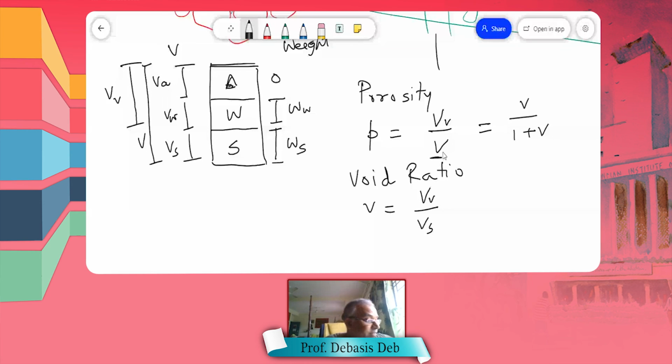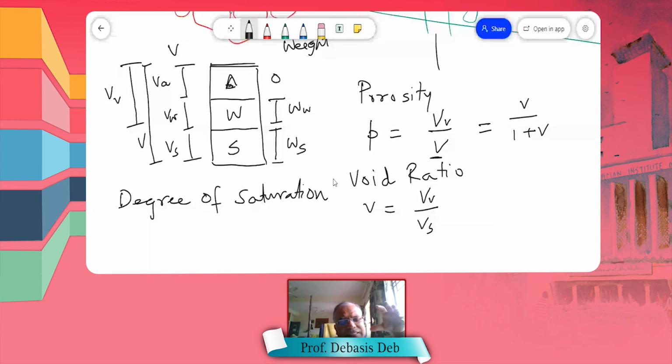Next definition is degree of saturation. Say these days rain is happening, and many people ask, is the soil fully saturated?